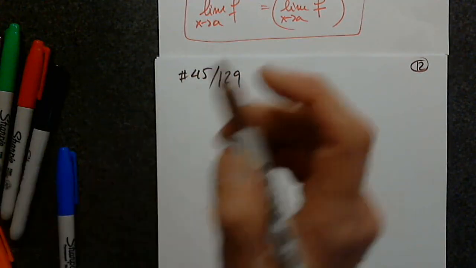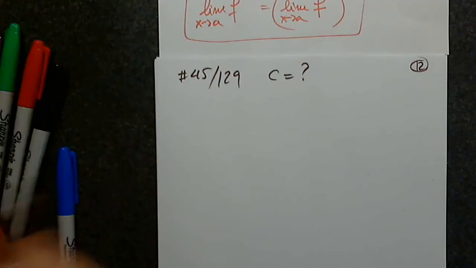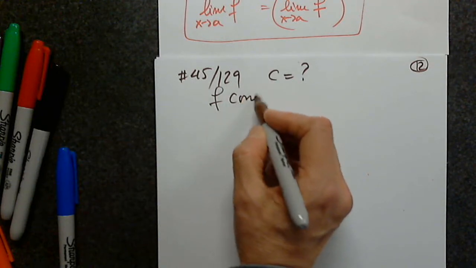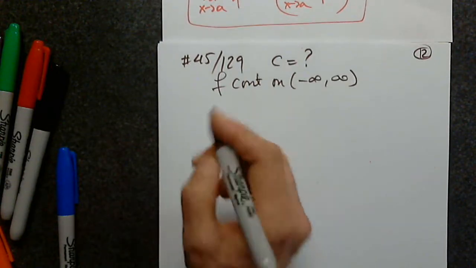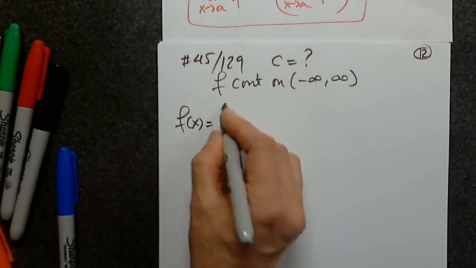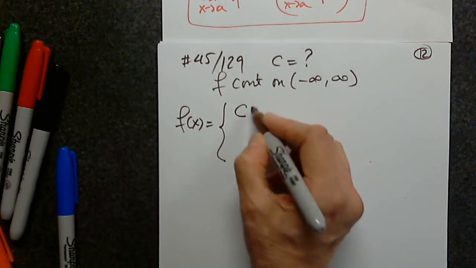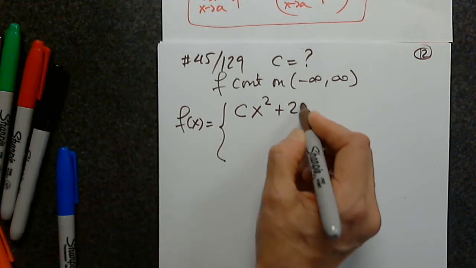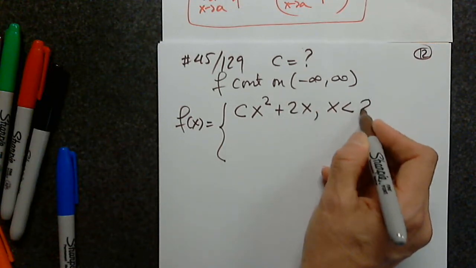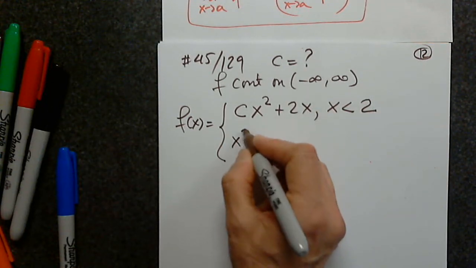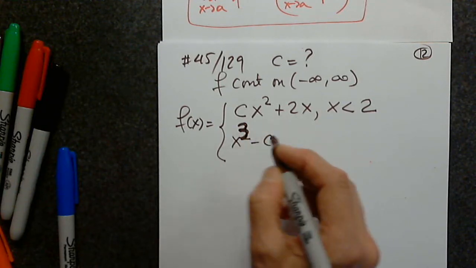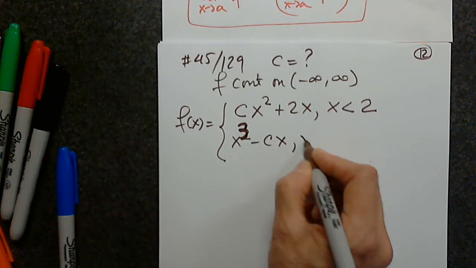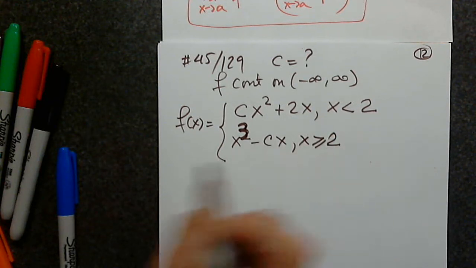For what value of the constant c is the function f continuous on negative infinity to infinity? And here's the function. f of x equals c x squared plus 2x for x less than 2, and x cubed minus c x for x greater than or equal to 2.